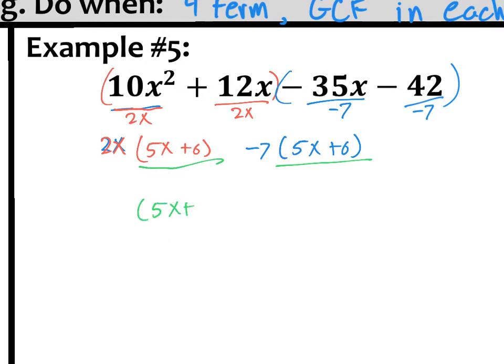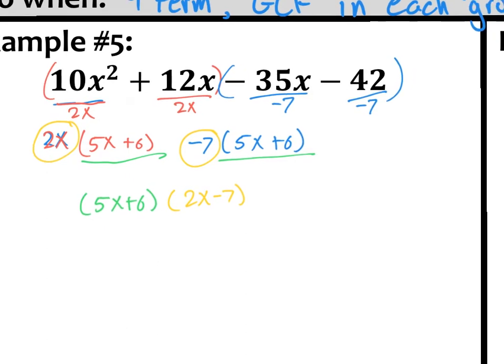So typically in this class, if we set you up for grouping and we tell you to do grouping, or even when you're doing split the middle, which is what we're going to be doing later on today, if you're not seeing that common factor, you probably made a mistake. Okay, so we took that 2x and that negative 7, those common factors, and wrote them as their own factor there.